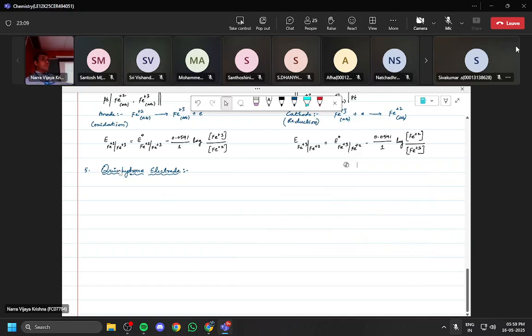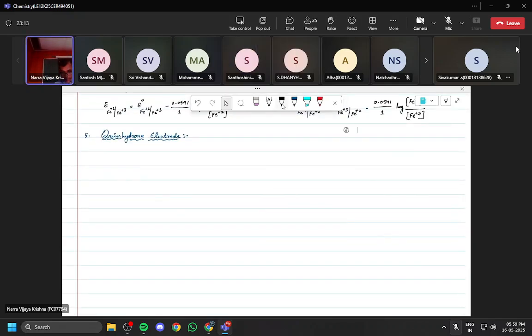So what is the name of the reaction given here? Quinhydrone electrode. So let me write that reaction. I'm taking quinol giving quinone plus 2H+ aqueous plus 2 electrons.